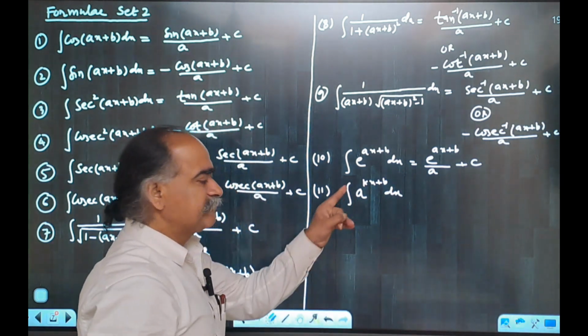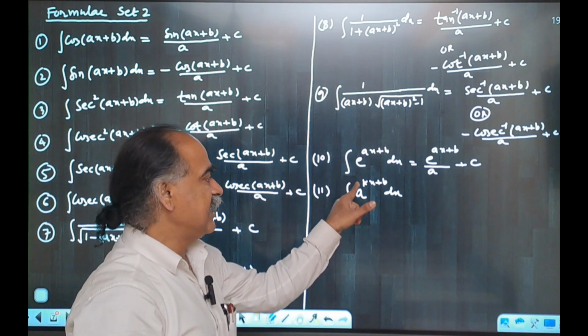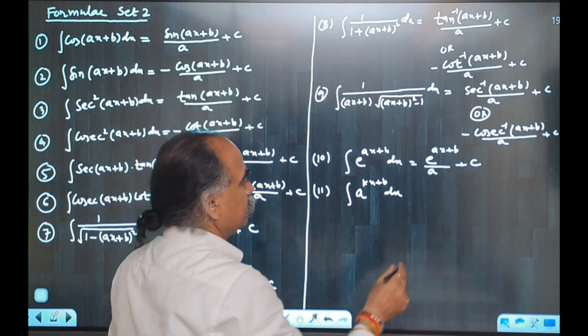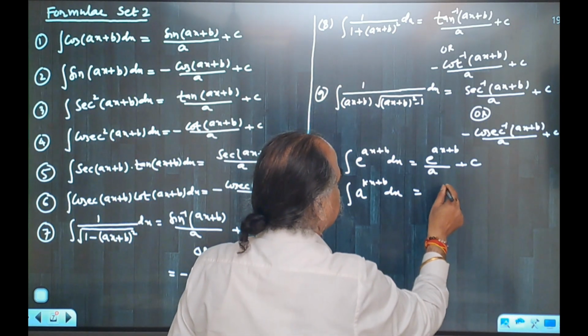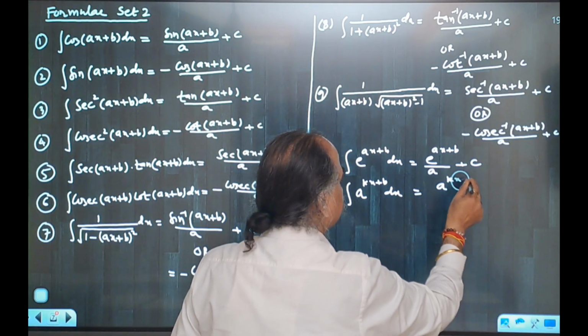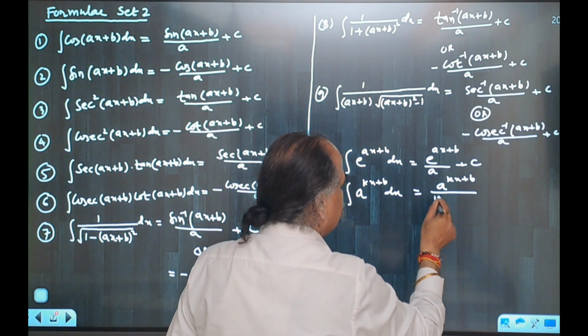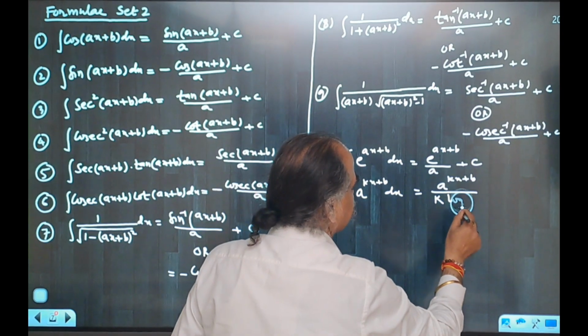Here instead of ax plus b, I took kx plus b, otherwise you'll get confused between this a and this a. It is a raised to kx plus b upon log a, and along with that k also we have to divide.